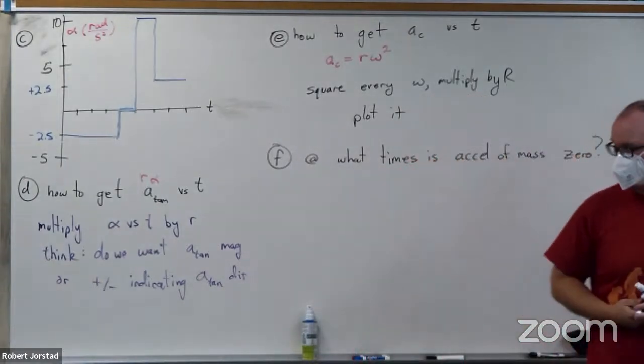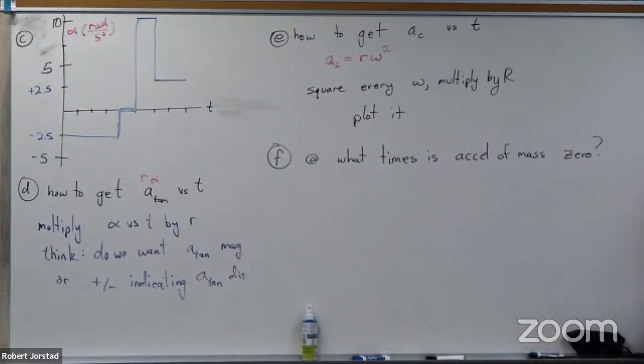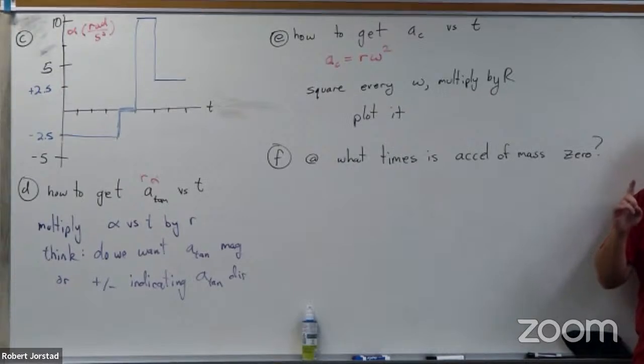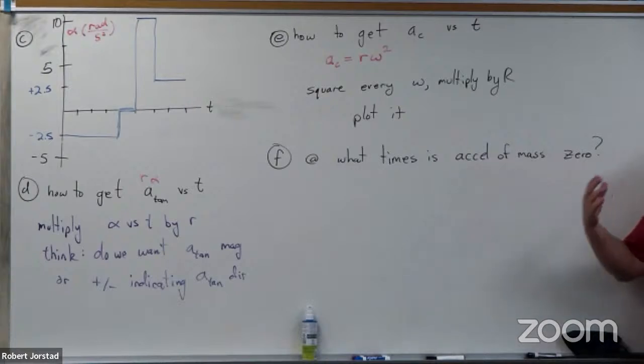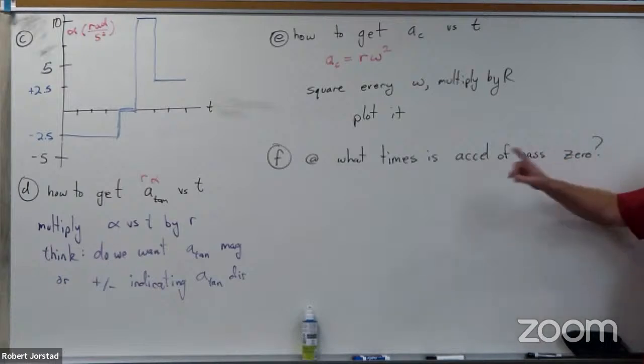A fun side question here. At what times is acceleration of the mass 0? Now, when you see this, there's one thing that I really want you to get out of this question, okay? And here it is. What do I mean by acceleration? In this question, what do you think the default meaning is of acceleration?